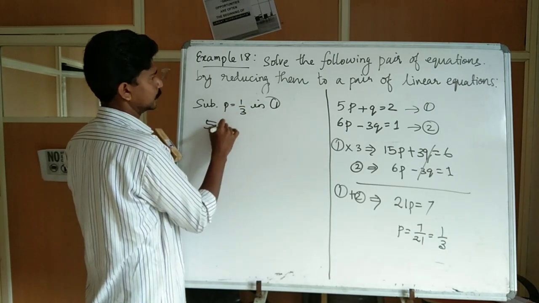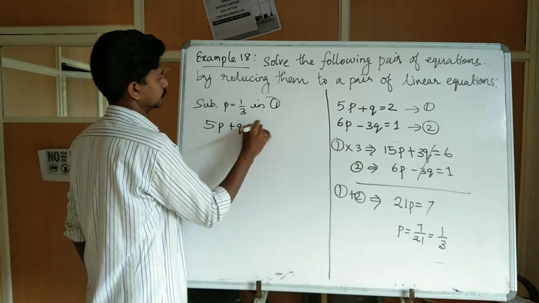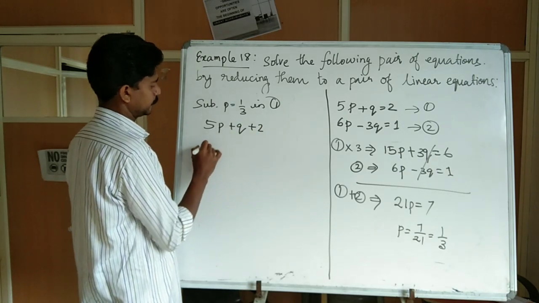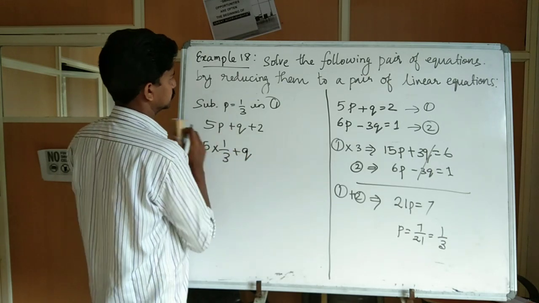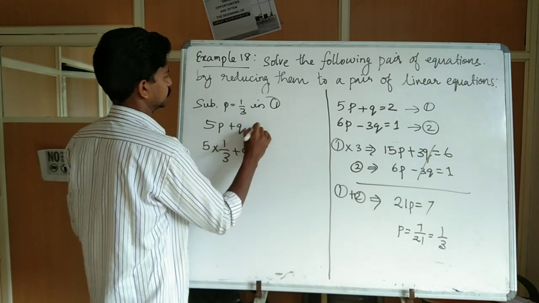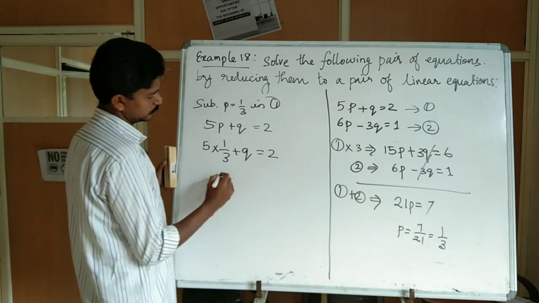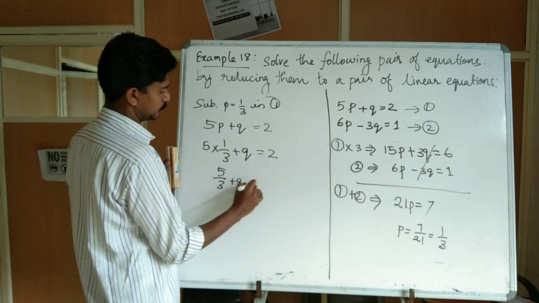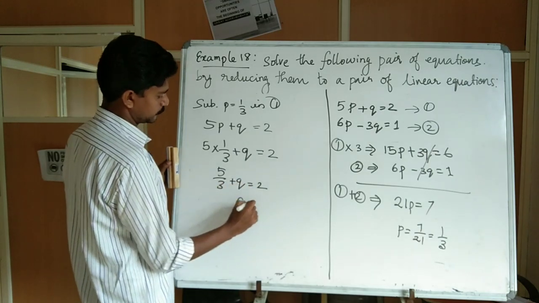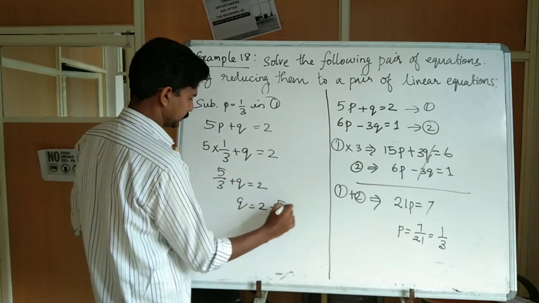Let us write equation 1 first. So 5 into 1 by 3 plus q is equal to 2. This one, 5 by 3 plus q is equal to 2. We can send that 5 by 3 to that side: q is equal to 2 minus 5 by 3.